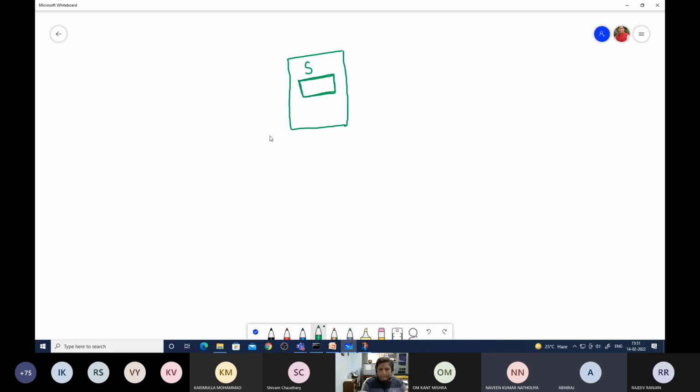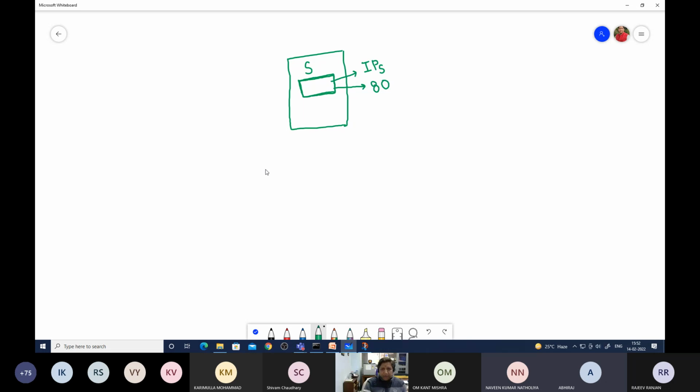Please be with me. This socket would be bound with one IP address. Suppose this IP is the IP of the server, and one port number. Because it is a web server, it is bound with port number 80.